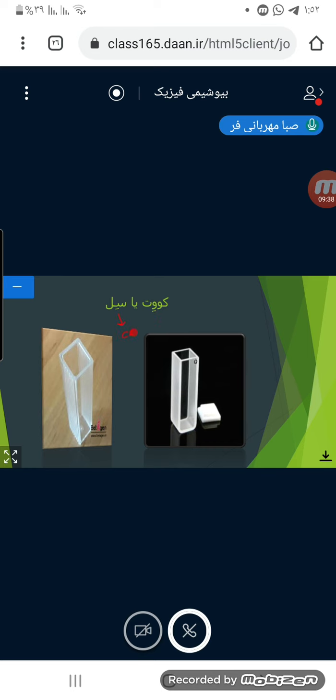It's a container that we put a sample in, okay? It's a 1 centimeter cuvette, and in fact it's our L. In our formula it's L. 1 centimeter.